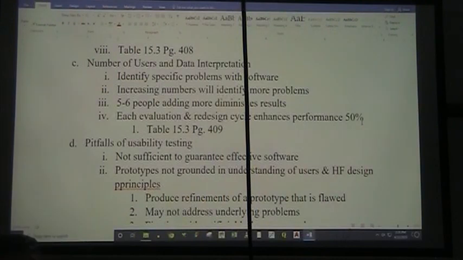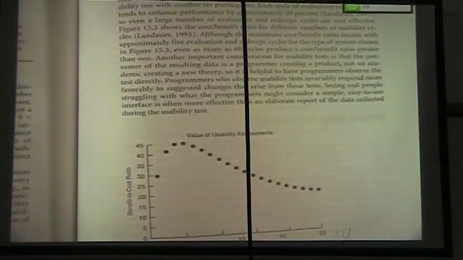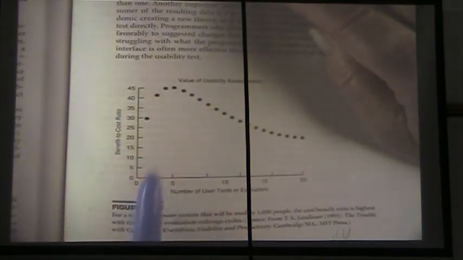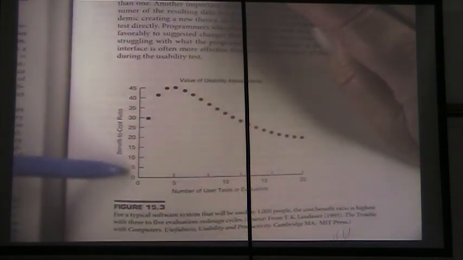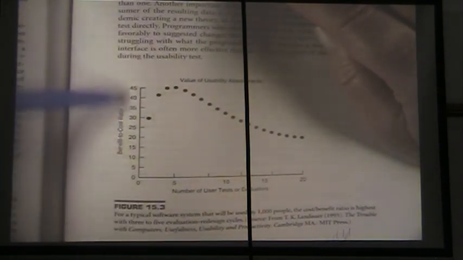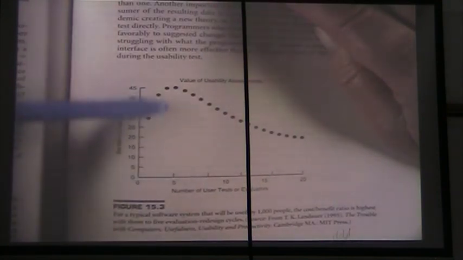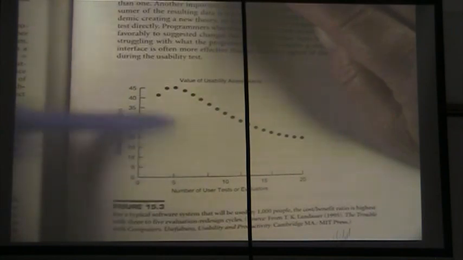the figure 15.3. All right, so each of these dots represents a number of a trial, and then on the y-axis we have the benefit to cost ratio. You'll notice it peaks right around the number 5.